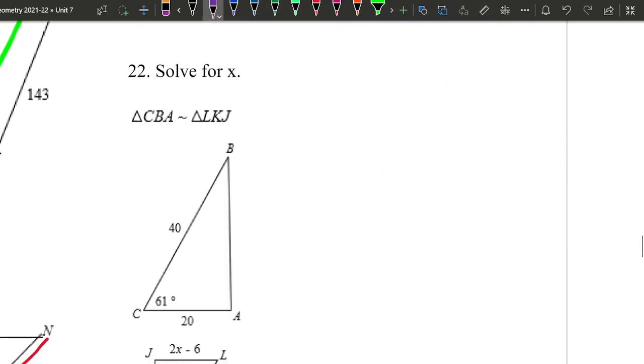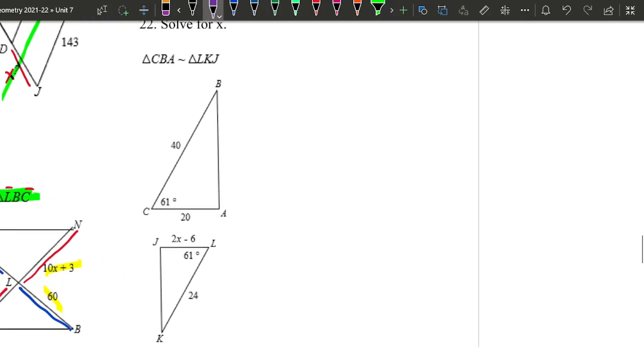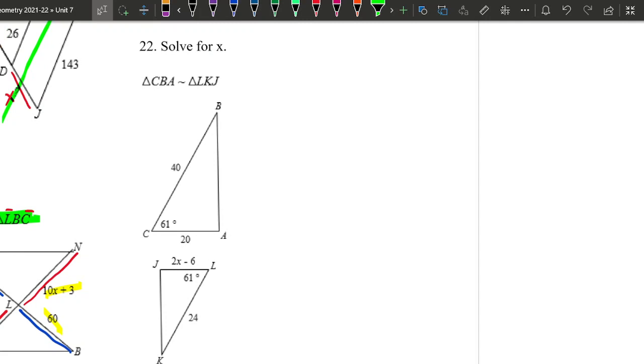And the last one, number 22, again, we have a solve for x problem. And we have a similarity statement. So, where's x? There it is. X is inside JL. And JL, it matches AC.